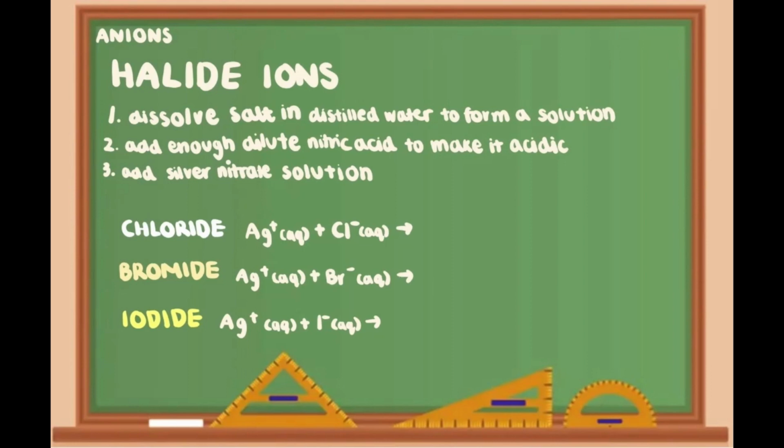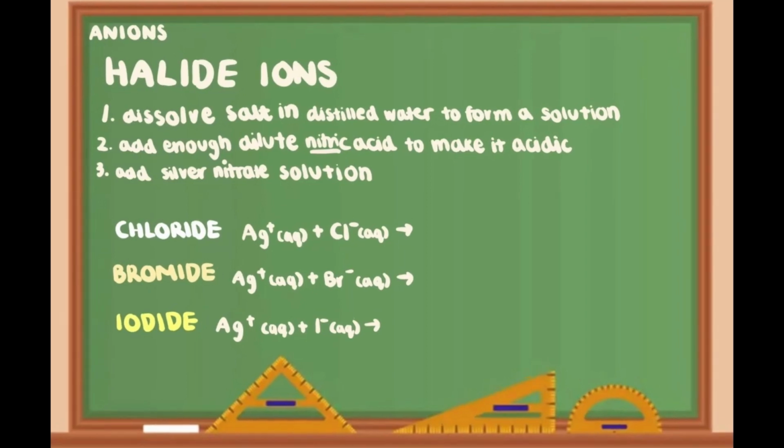It's important to note that we want to use something like nitric acid rather than hydrochloric acid for acidifying it, because if we were to use hydrochloric acid, that would be introducing chloride ions. So it would show as positive for chloride ions because we just added them. So we want to use something like nitric acid.